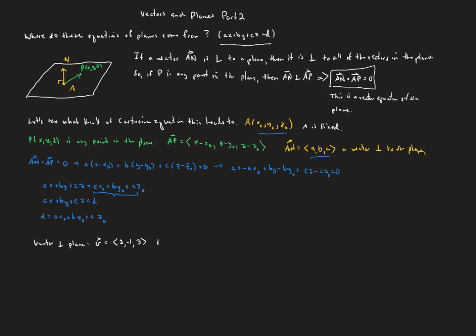And our point A is going to be any point that is on the plane. So that's like our random x, y, z, except it's not the random one, it's just any point in the plane. And so A, we're going to say is 4, 3, negative 2, is any point in the plane.